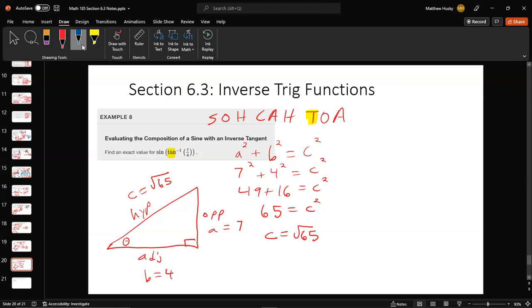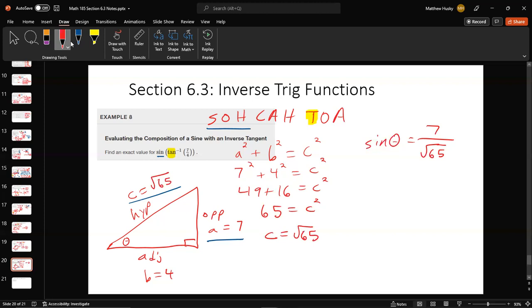And so then now we want sine, which is the opposite over the hypotenuse. So sine of theta is going to be 7 over root 65. Now, having a square root on the bottom is kind of frowned upon.